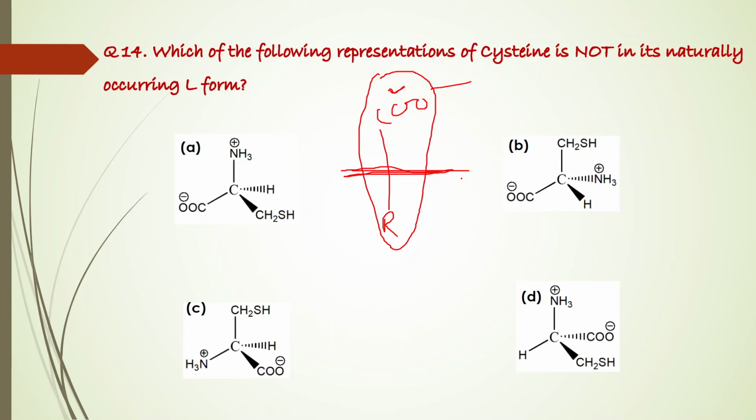This is the basic thing. So while converting, you might have to make further changes to present the structure like this, because only then you can identify whether it is L or D. It is very crucial that you place COO minus at the top and R at the bottom, so the carbon chain stays vertical, and then you place your NH3 plus and the hydrogen group.